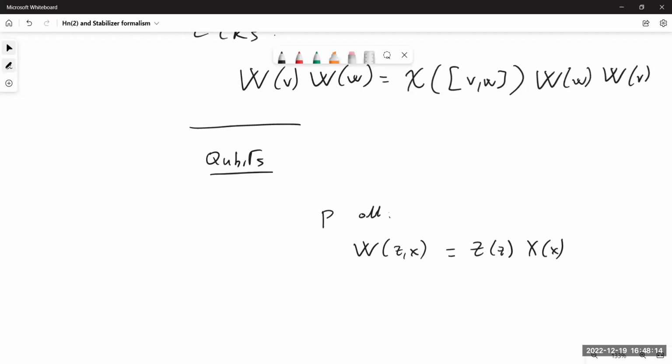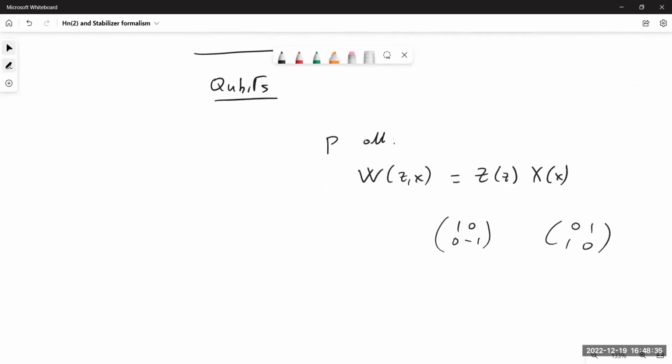You can see that because the Z operator is this one and the X operator is just this one, but you have no way to recover the Y operator because in this description there is no i.